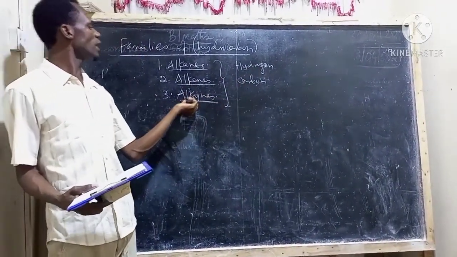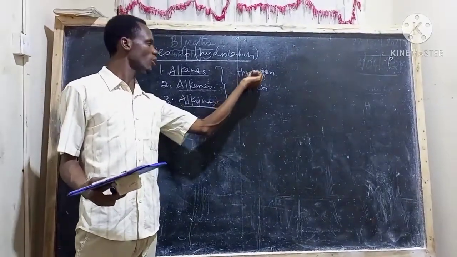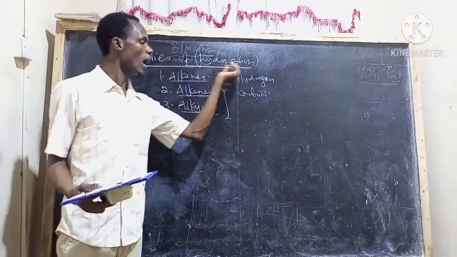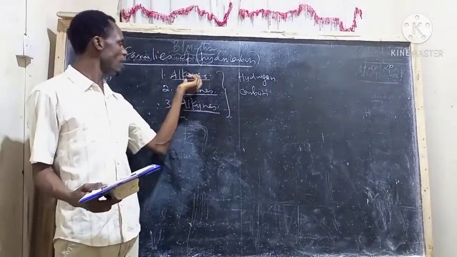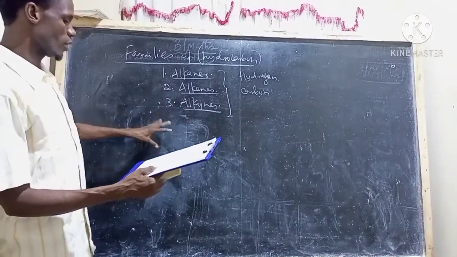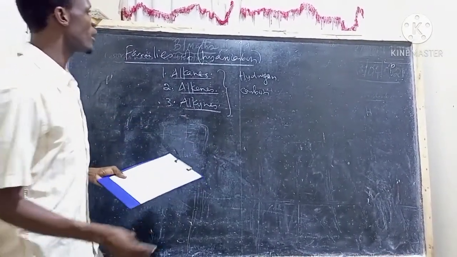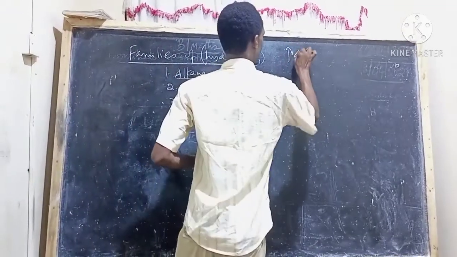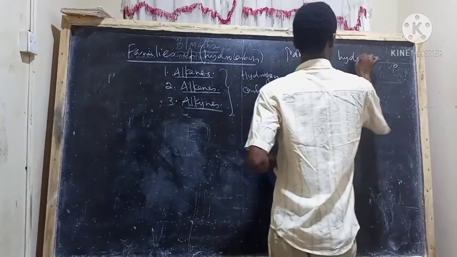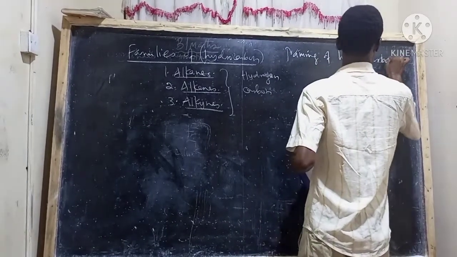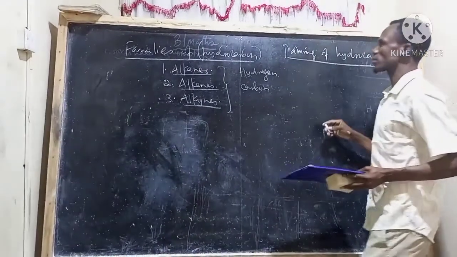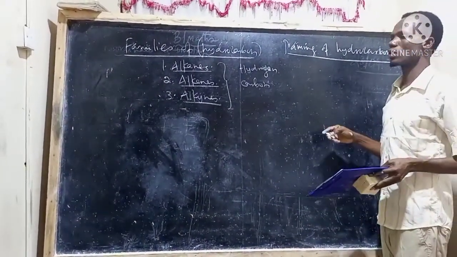If you're talking about alkynes, you find hydrogen and carbon. So we'll be discussing the families of hydrocarbons, which are alkanes, alkenes, and alkynes. Before we discuss this, we have to know the naming of hydrocarbons. It is something very important for us to understand.